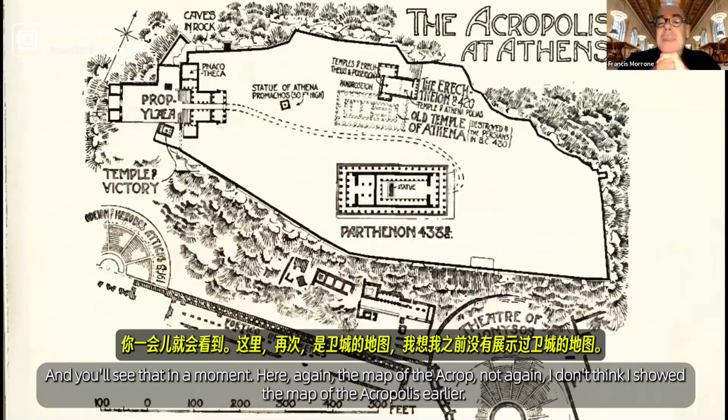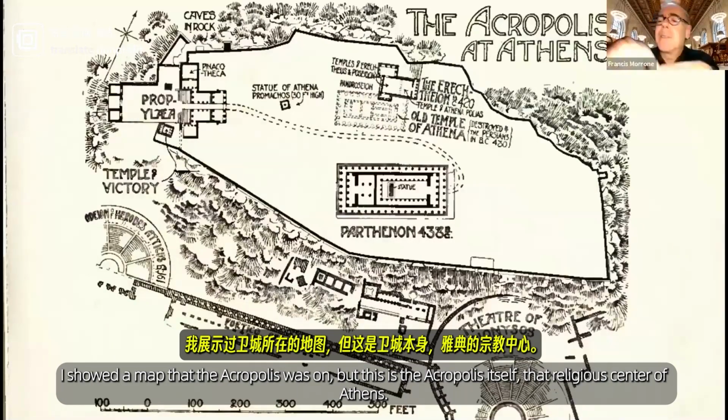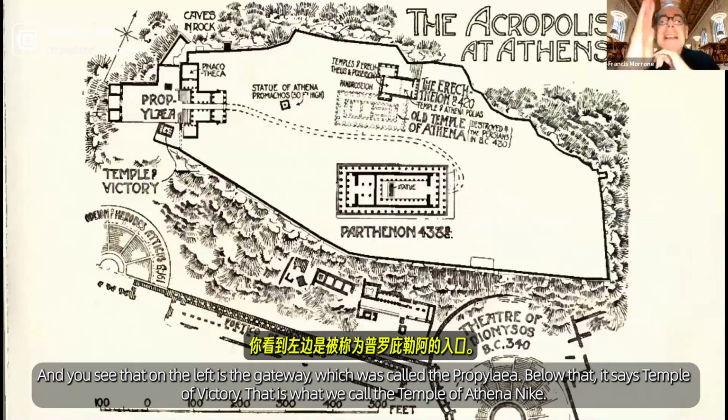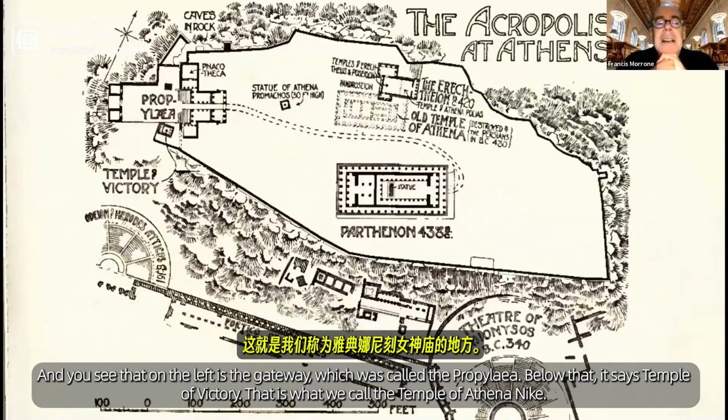Here again, the map of the Acropolis. Not again. I don't think I showed a map of the Acropolis earlier. I showed a map that the Acropolis was on, but this is the Acropolis itself, that religious center of Athens. And you see that on the left is the gateway, which was called the Propylaea. Below that, it says Temple of Victory. That is what we call the Temple of Athena Nike.